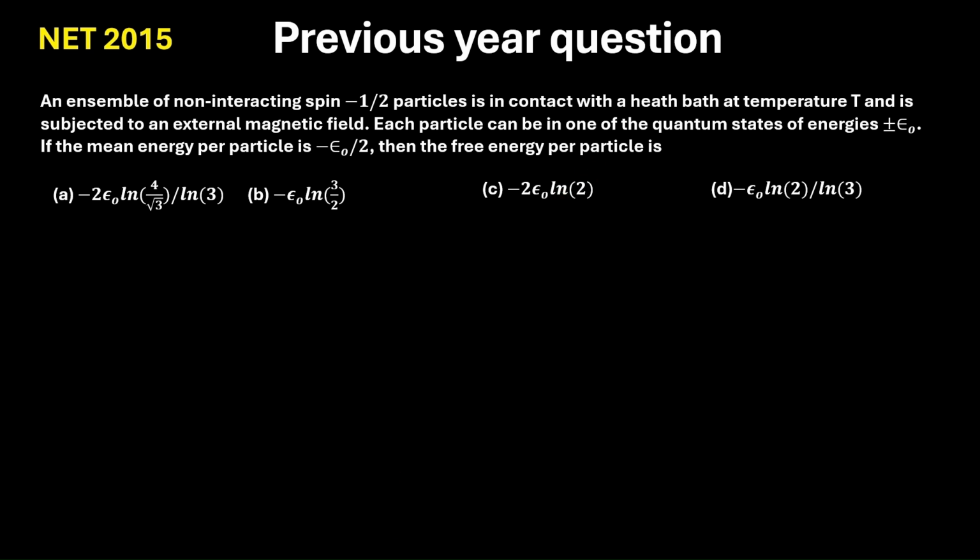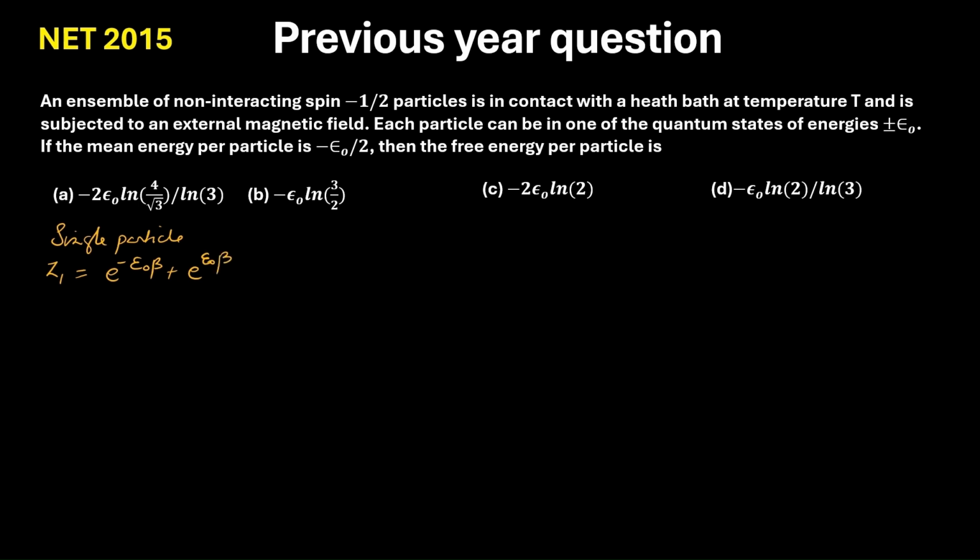So the first thing which we can do is write the partition function for a single particle. For a single particle, the partition function will be e to the power minus epsilon naught beta plus e to the power epsilon naught beta.